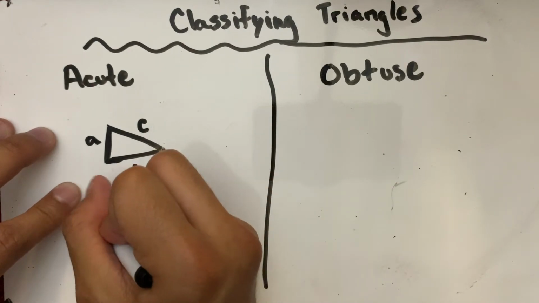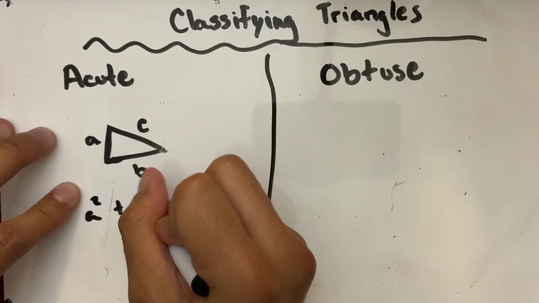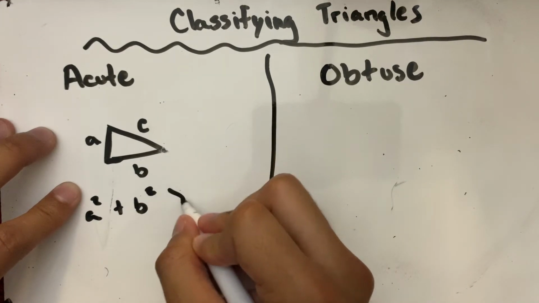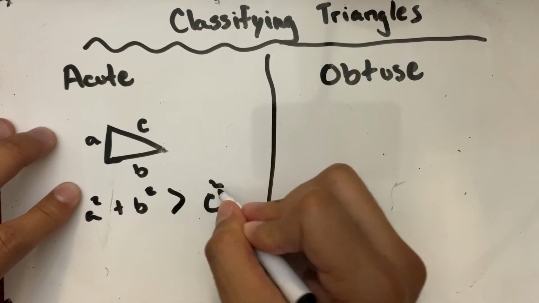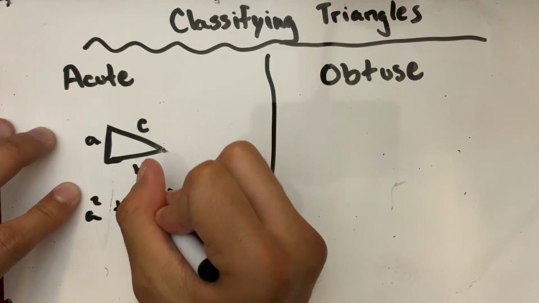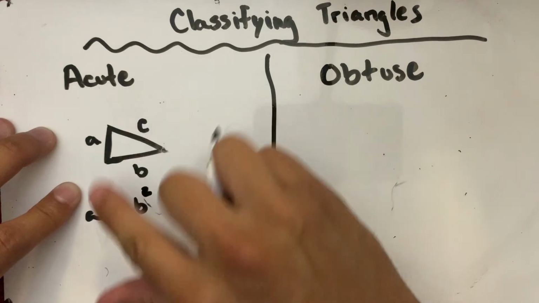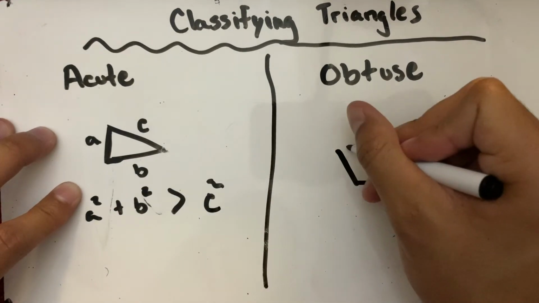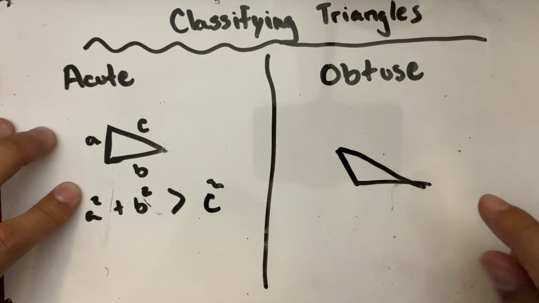So if A squared plus B squared is greater than C squared, then you know this is going to be an acute triangle.